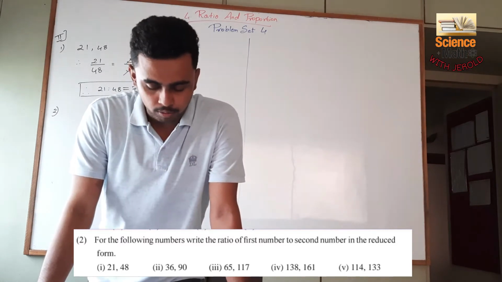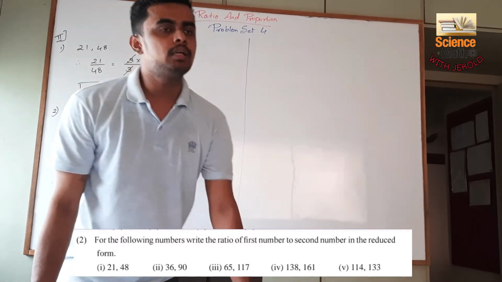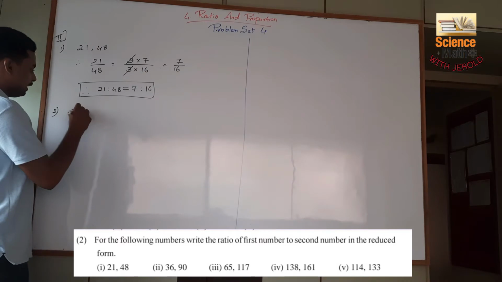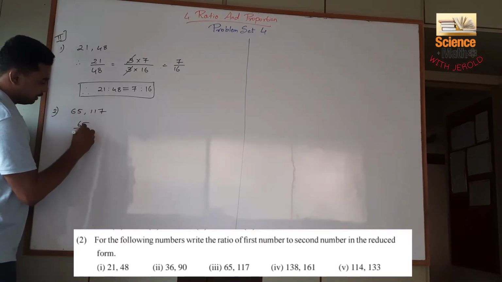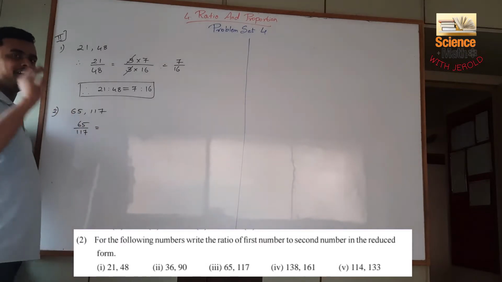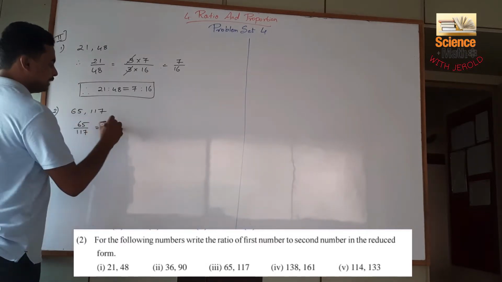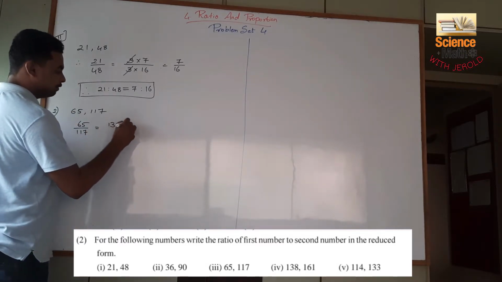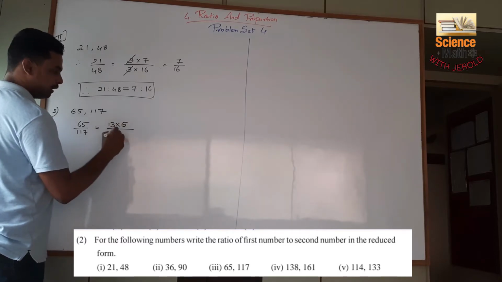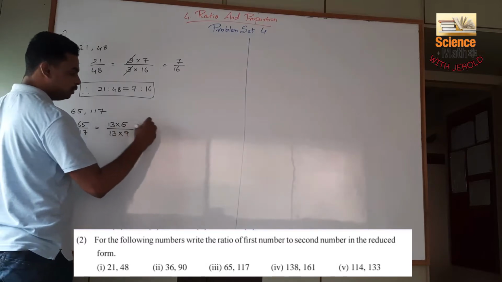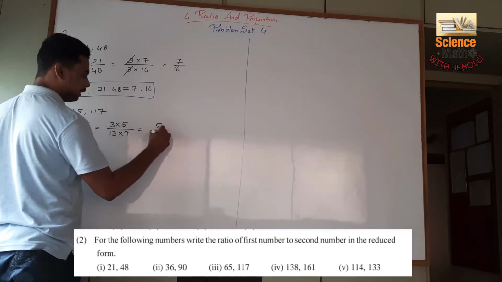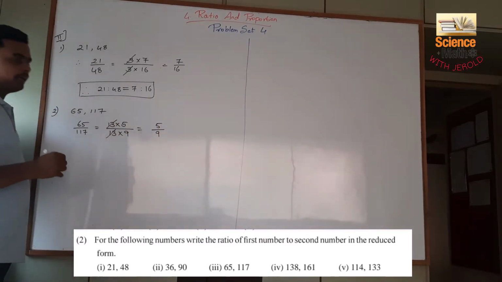Now let us see the third sub question. We have 65 and 170. So 65 upon 170 is equal to, 65 has factors 13 multiplied by 5, and for 170 you will get 13 multiplied by 10, which is equal to 5 upon 10... and 13 and 13 get cancelled.